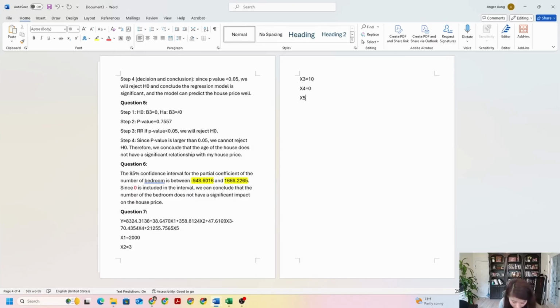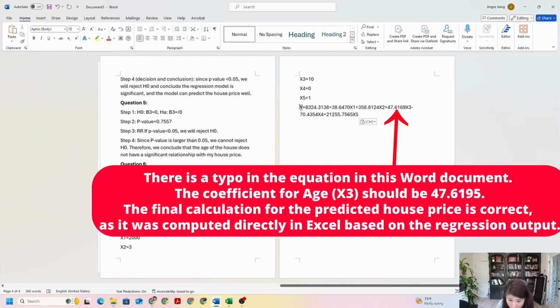But my x5 equals 1 because it's in Dallas. So what I will do is plug into this equation, because I already have the values. This value times 2,000, then that value times 3, then the next value times 10, the next value times 0, and the next value times 1.